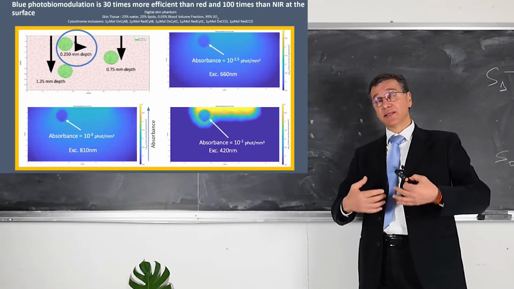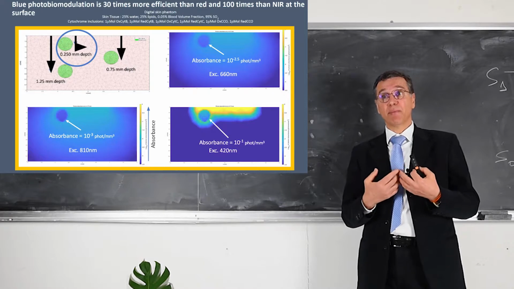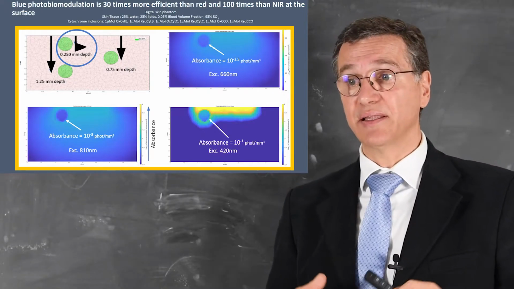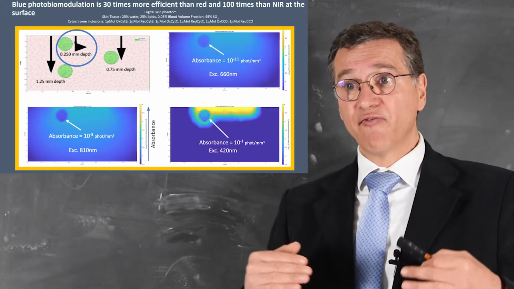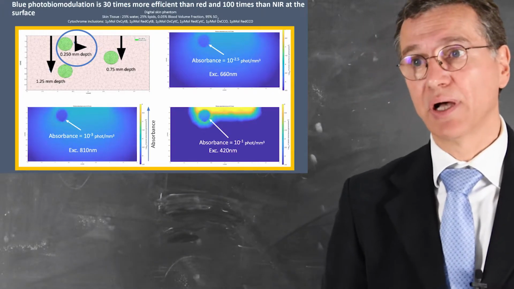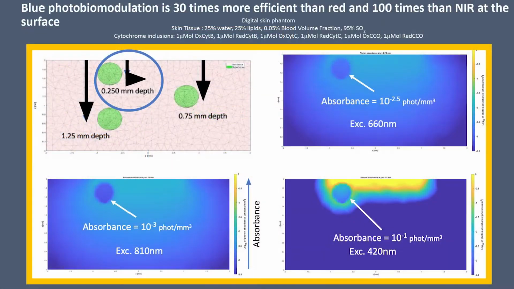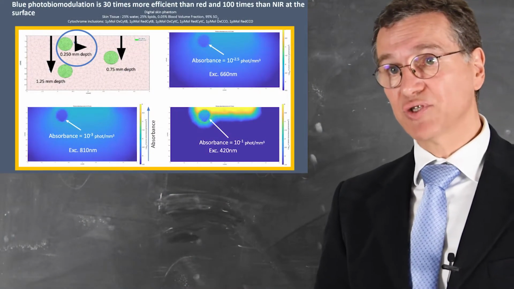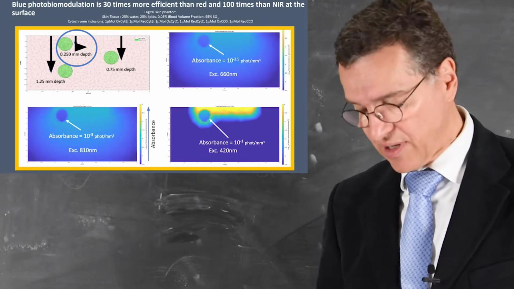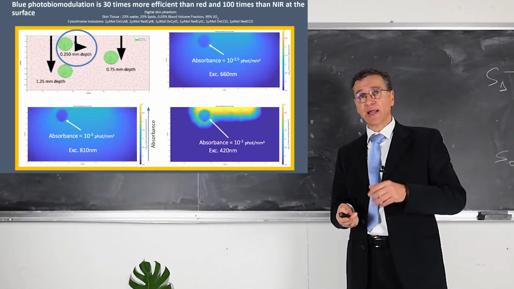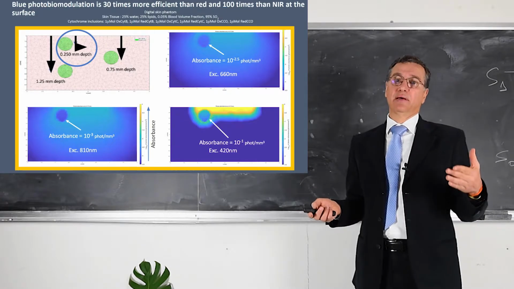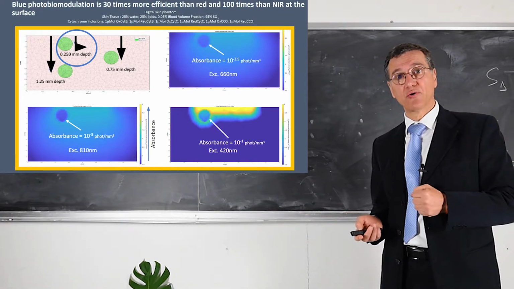And given that the cytochrome is absorbing much more, we see that the effect of photoactivation of cytochrome on the surface with blue is 30 times more than the red and 100 times more than the near infrared.